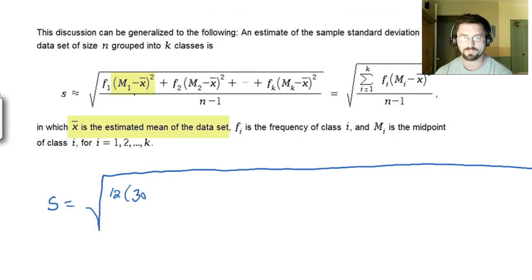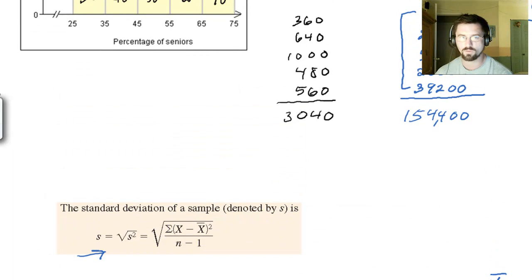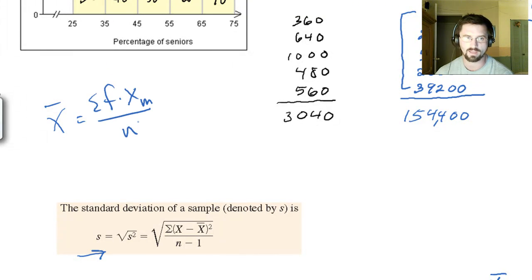Well, x bar is the sample mean. And to find the sample mean, we would take this. We know the sample mean, x bar, is equal to the sum of the frequencies times the midpoints divided by n. So it's basically that number right there divided by 64.